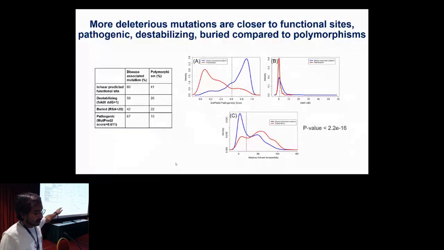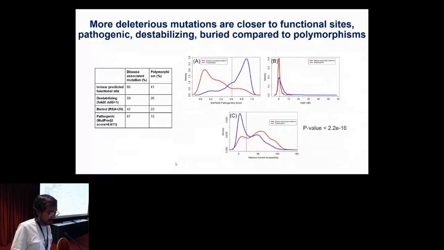We see that a larger number of disease-associated mutations have higher delta-delta G of mutation as compared to polymorphisms. The third plot below is of the solvent accessibility. We see a larger percentage of the disease-associated mutations were buried, having a low solvent accessible area. If you look at the table, the first column, we see a larger percentage of disease-associated mutations were on or near a predicted functional site as compared to polymorphisms.